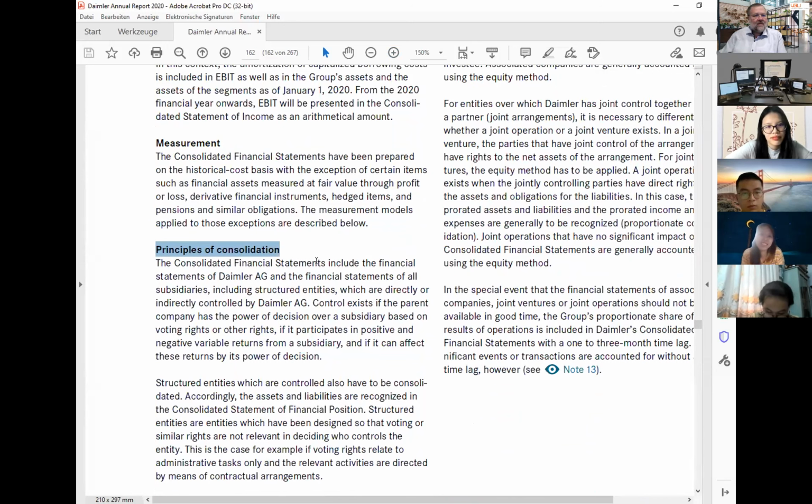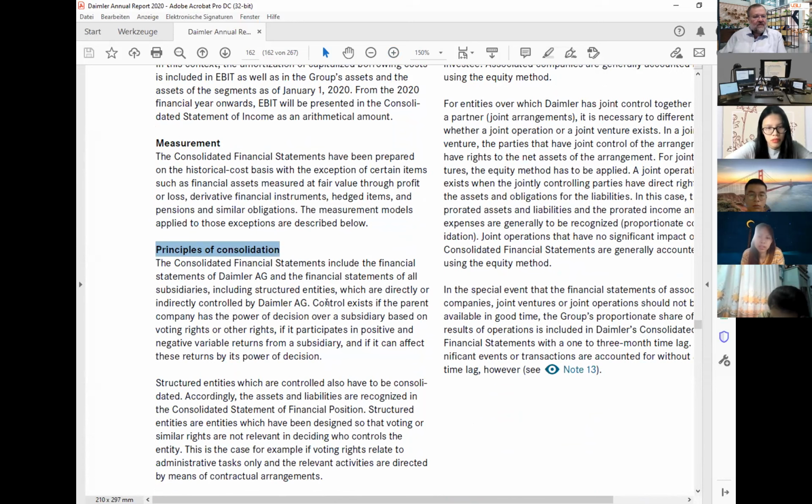Consolidated financial statements include the financial statements of Daimler AG, so that is the parent company, and the financial statements of all subsidiaries, including structured entities which are directly or indirectly controlled by the parent.